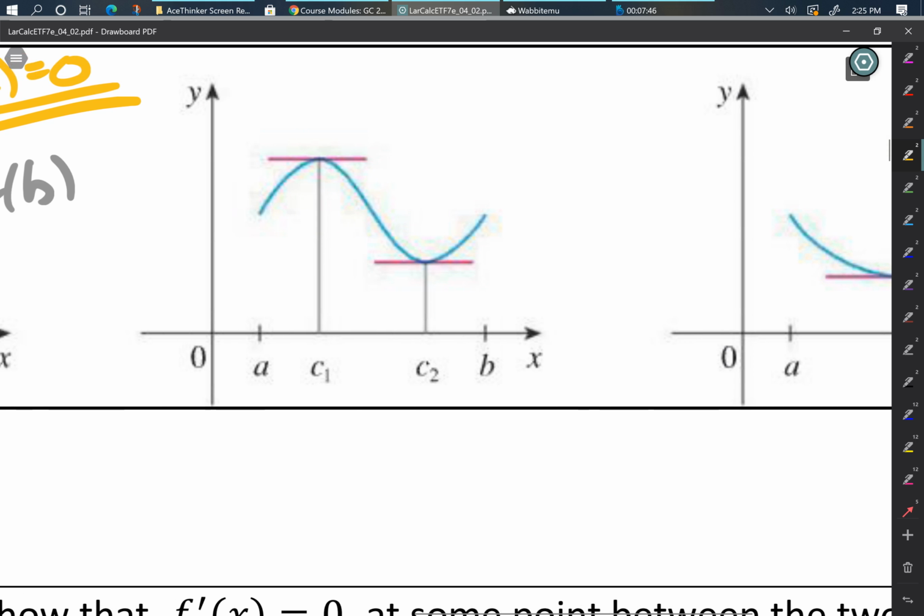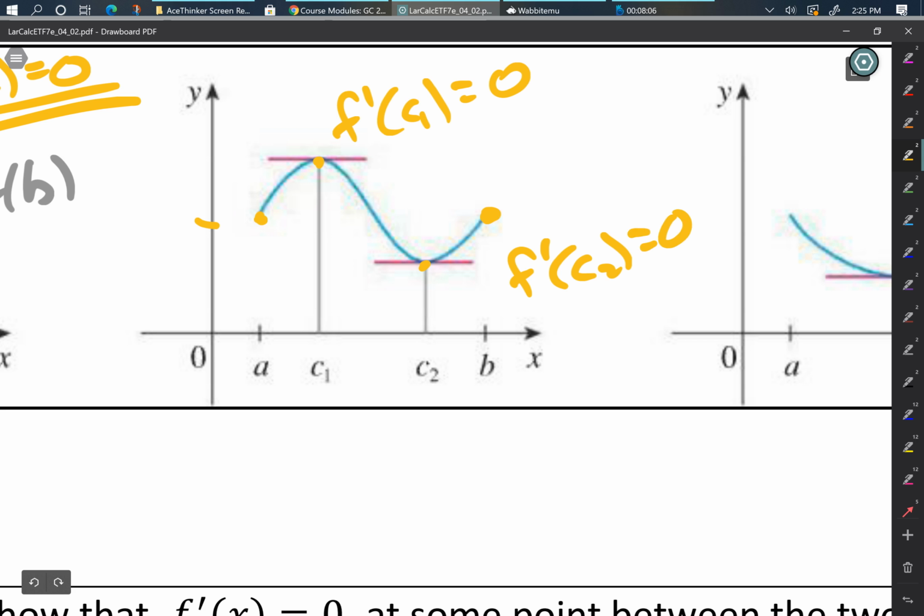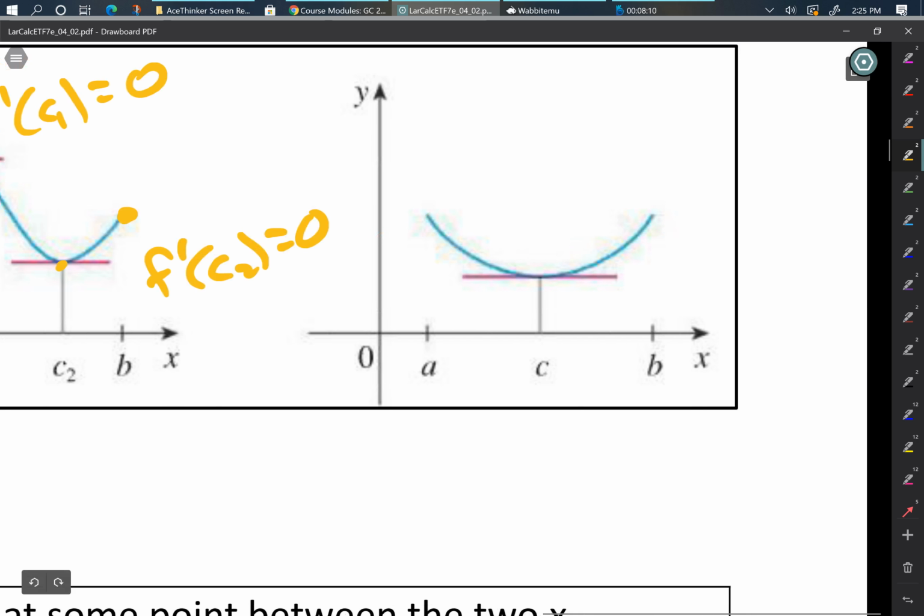Here's an example with a couple of c's, where we have a function that starts at the right place and stops at the right place. That is, the y values are the same. It goes up, goes down, goes back up again, and we're going to get two c values where f prime of c1 is equal to 0, as well as f prime of c2 is equal to 0. Now, I hope you're looking ahead and seeing where this is going to go.